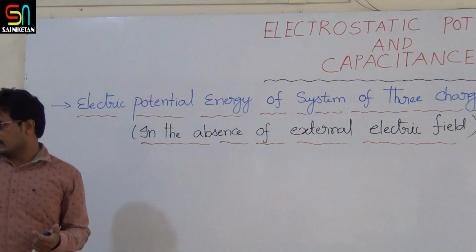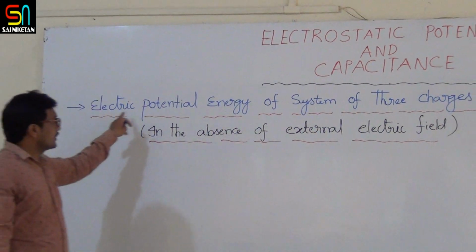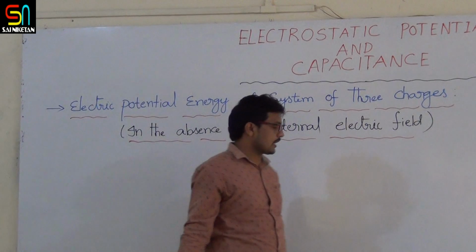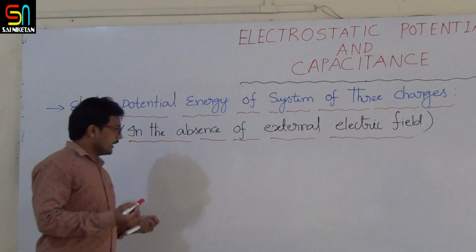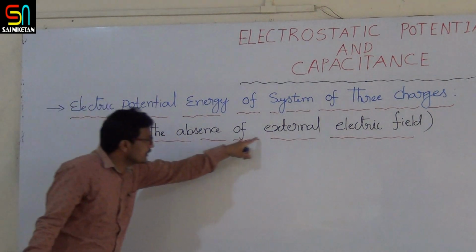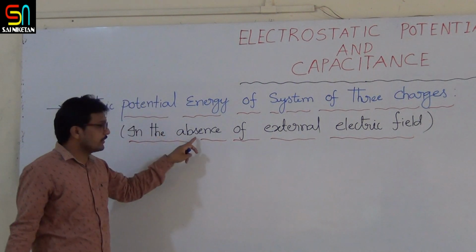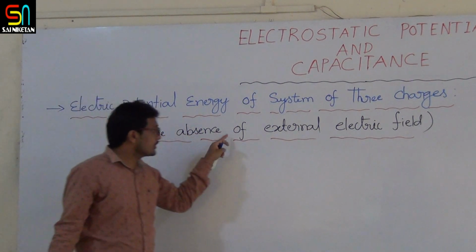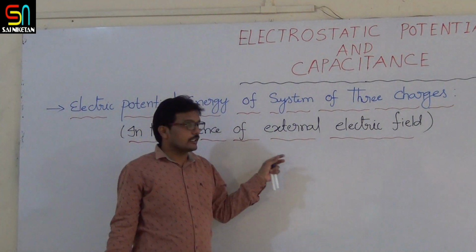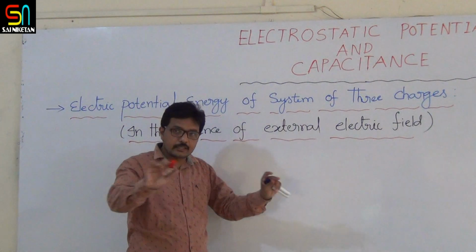And now, the electric potential energy of a system of three charges. To assemble the three charges in the absence of an external electric field, this is a very important point. In the absence of an external electric field, what does it mean? It means initially there is no electric field.